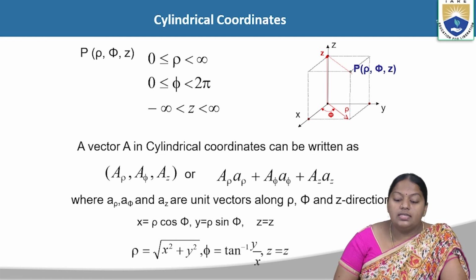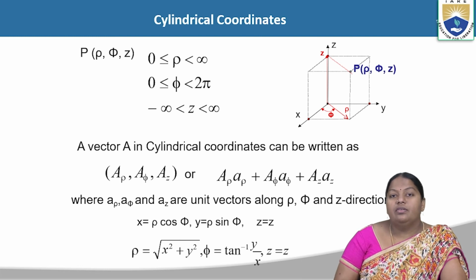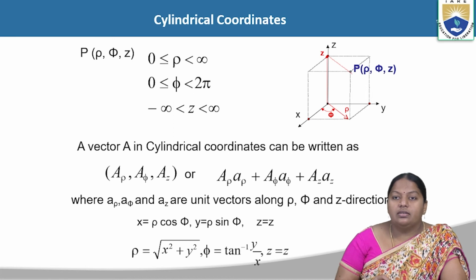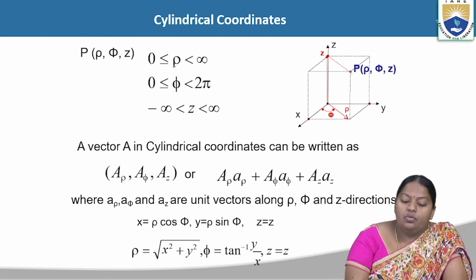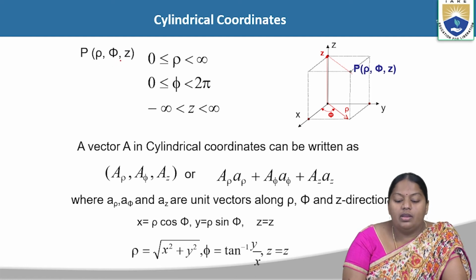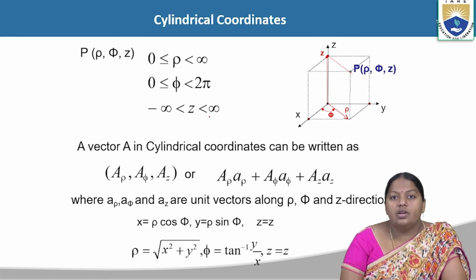Next, the second type of coordinate system is called the cylindrical coordinate system. Here, a cylinder has a particular shape with some finite radius, and to find the length of an arc we use a curvilinear one. Hence, we represent the variable rho, the radius of the cylinder, and phi, the azimuthal angle, and z, which is similar to that of the Cartesian coordinate system.